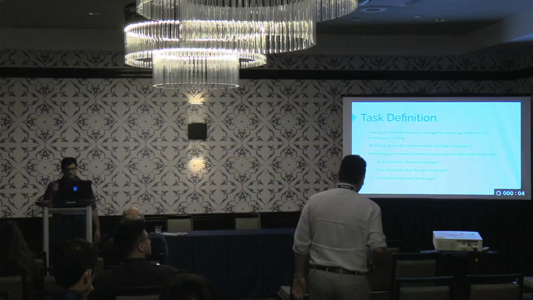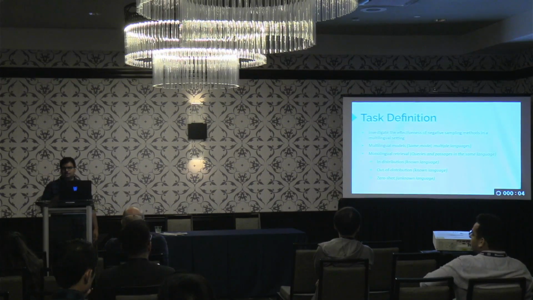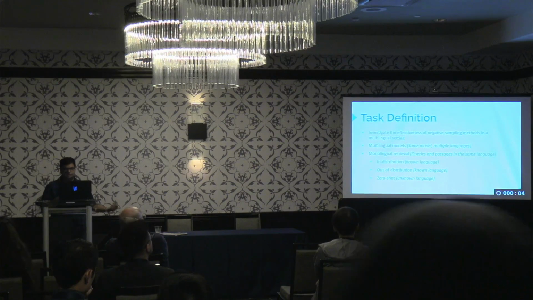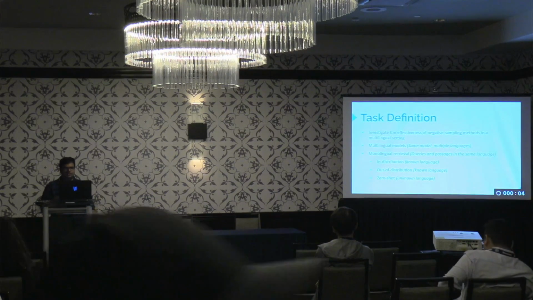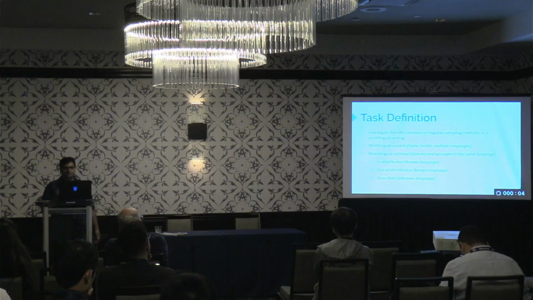We categorize the test data sets that we use under three settings. First of all, we have the in-distribution setting, where the model is trained to do retrieval in that language, so it's a known language, and the test set and the training set follow the same distribution, so they look similar.